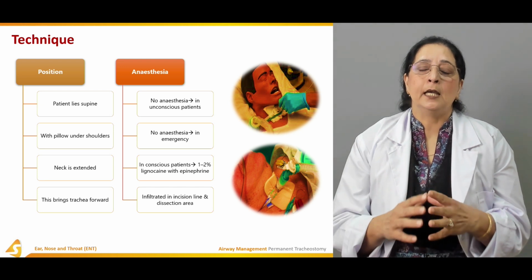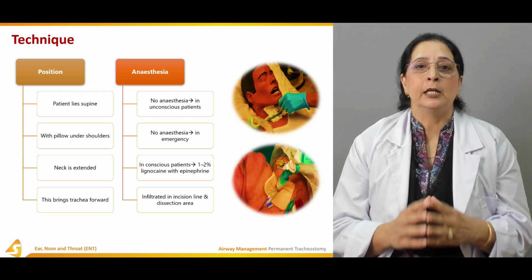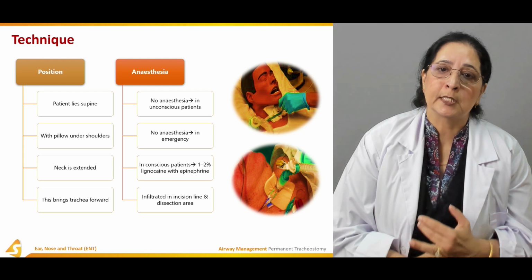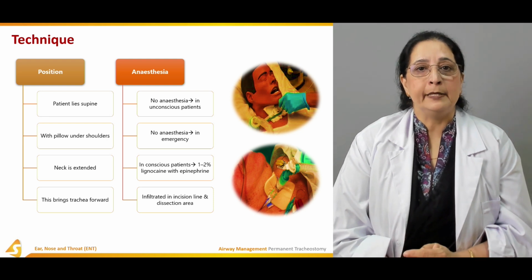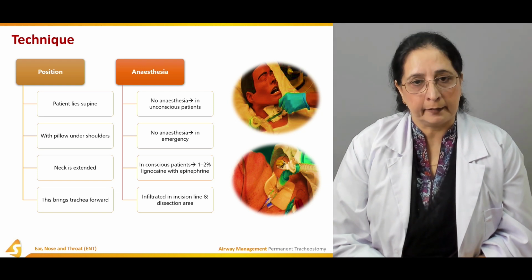So anesthesia is not given in an emergency or if the patient is unconscious, but if it is used, we can use 1 to 2% lidocaine with epinephrine given in the incision line or dissection area.